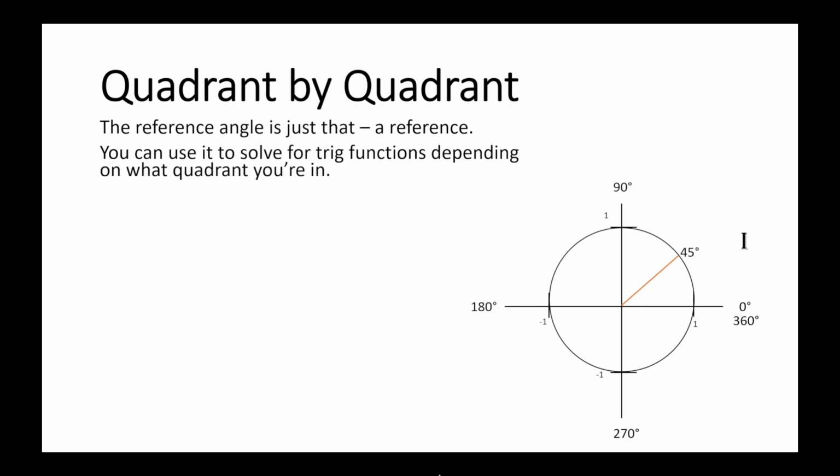So here's where the reference angles come in. You may see problems where you have to solve for a particular trig function and you're given a certain angle and you don't know what to do. So I'm just going to break down this graph little by little.